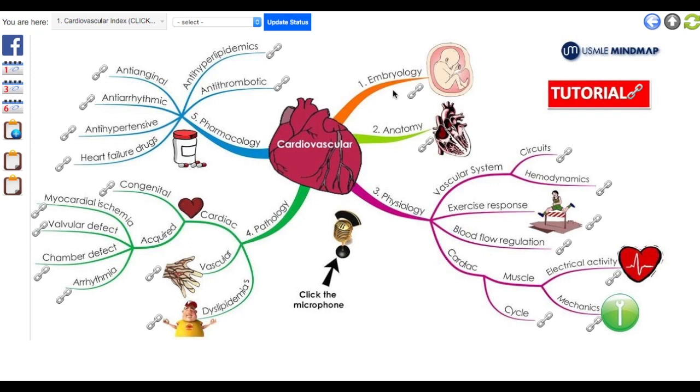The mind maps help the student to integrate organ-based systems and, at the same time, not just integration, but clinical relevance. For example, the student can follow specific topics within the mind maps.